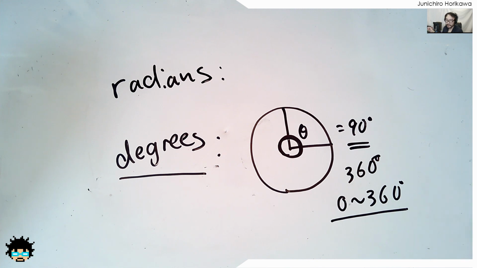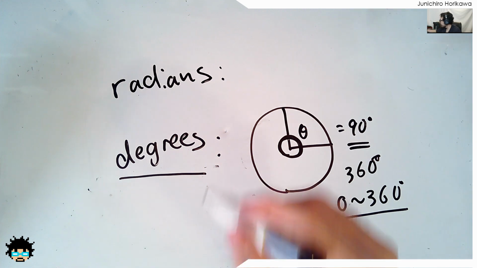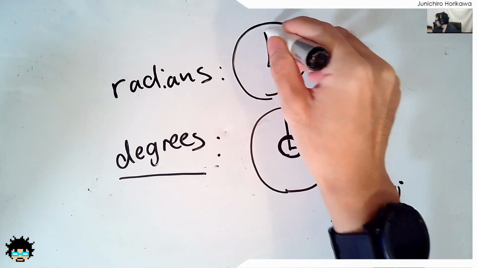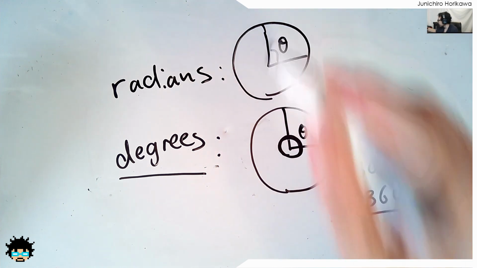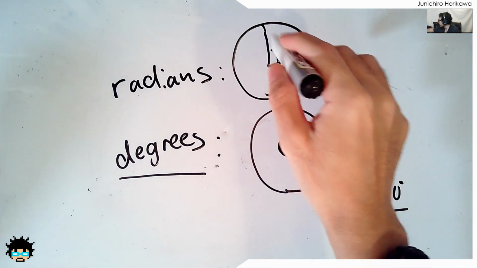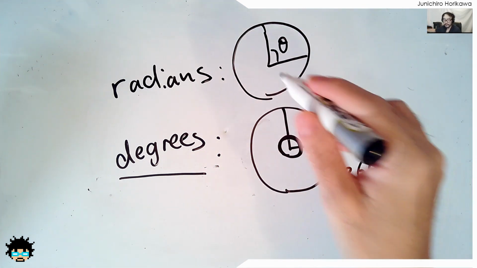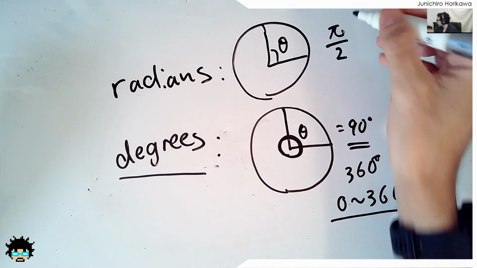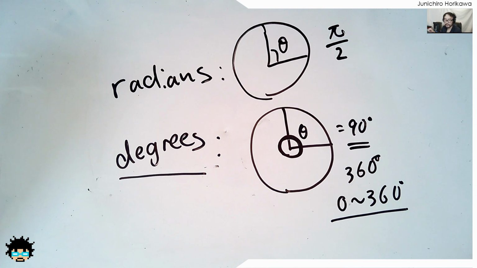So that's degrees. Now when it comes to radians, it's a bit different. You can still express the angle, but when the angle is 90 degrees, in radians this is pi divided by 2.